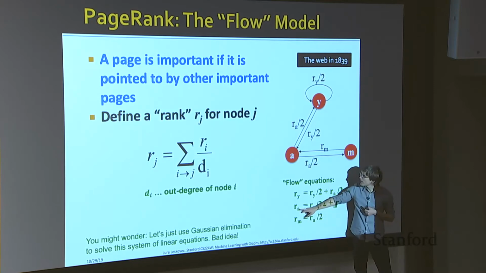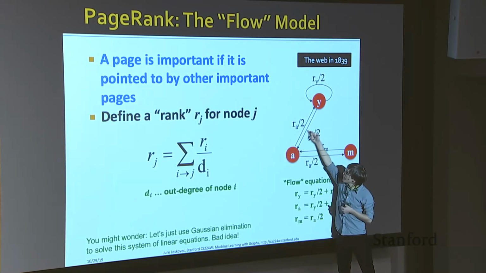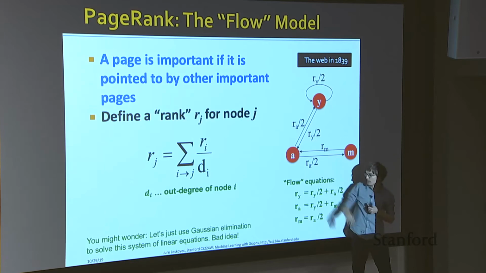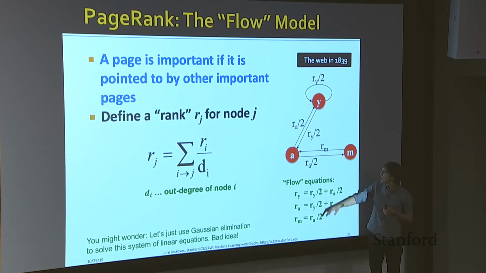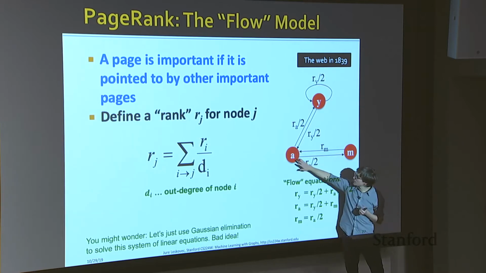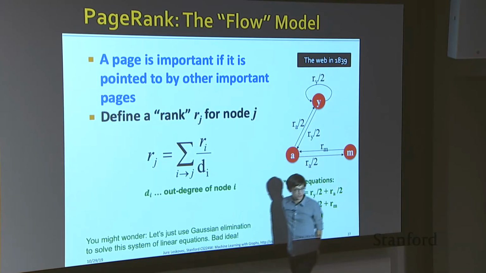And for example, node a's importance is half of the importance of y coming this way, and then also all the importance of m, because m has only 1 outlink. And then what is the importance of m? Importance of m is half of the importance of a, because a takes its importance and splits it among 2 outgoing connections.